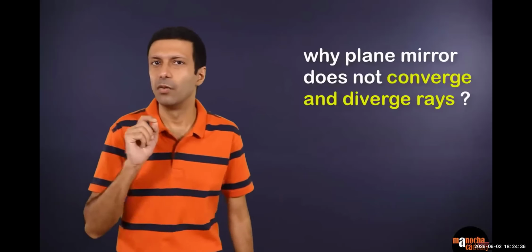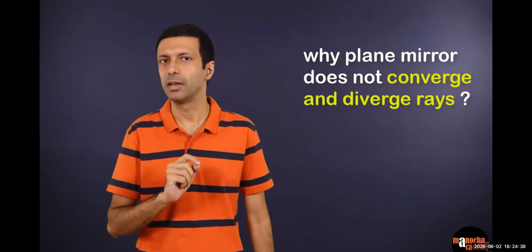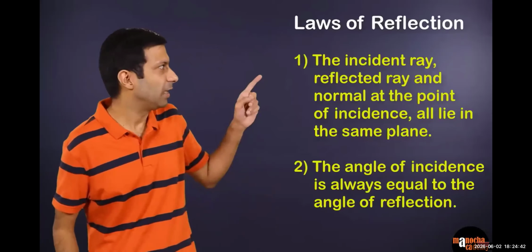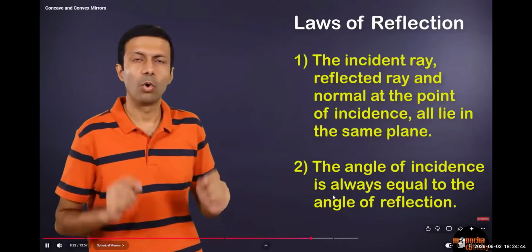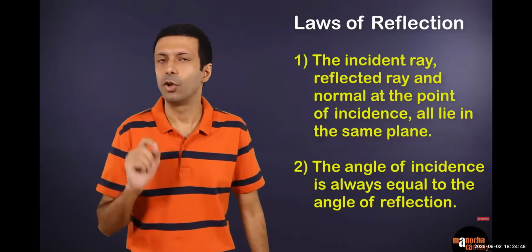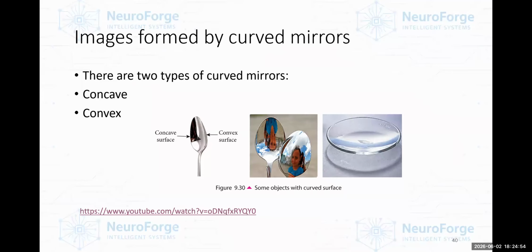Now you must be thinking, why do curved mirrors converge and diverge light rays, but a plane mirror does not? Is it because these laws of reflection hold only for a plane mirror? That day I explained these laws of reflection. Can you remember that?